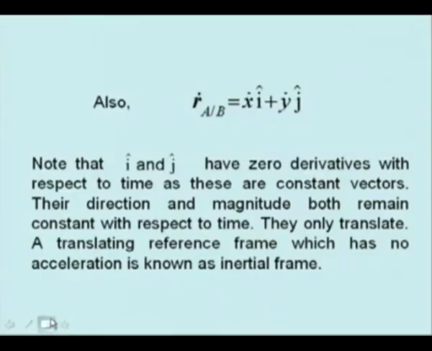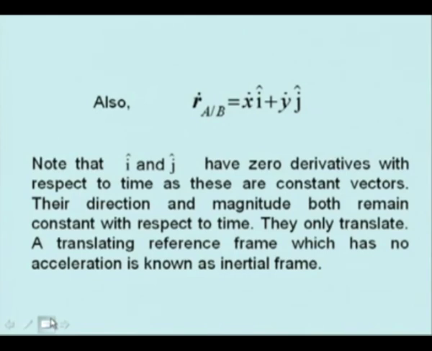Also, in component form, we know r dot A slash B, which is the velocity of A with respect to the moving reference frame, can be written as x dot i plus y dot j. Note that i and j have zero derivatives with respect to time, as these are now constant vectors. In translatory motion, i and j do not change with time.